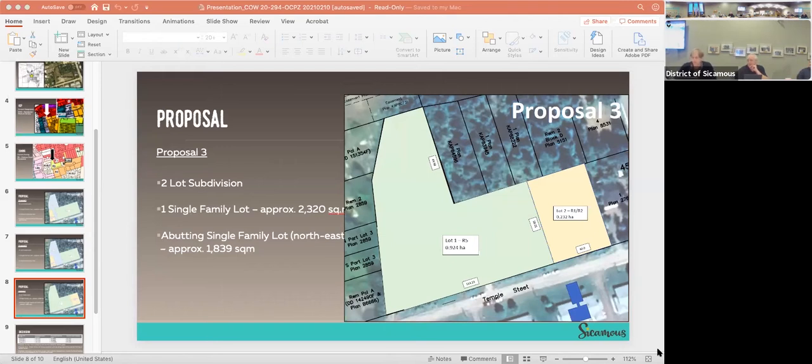So with that in mind, the smaller that the lot would be created at proposal 3, the more likely I would be to vote in favor of it. And if somebody wants to have a whole acre to play with, there's a lot of spaces around Sicamous where that's really good to do. So I'm a little bit on the fence, but to speak to what the applicant's looking for, I would be unlikely to vote in favor of as large a property as is currently shown in proposal 3. Thank you.